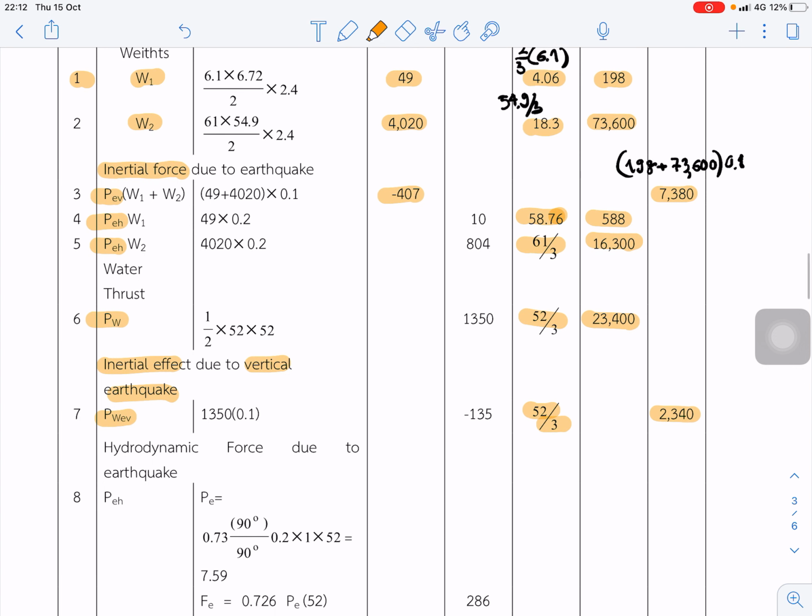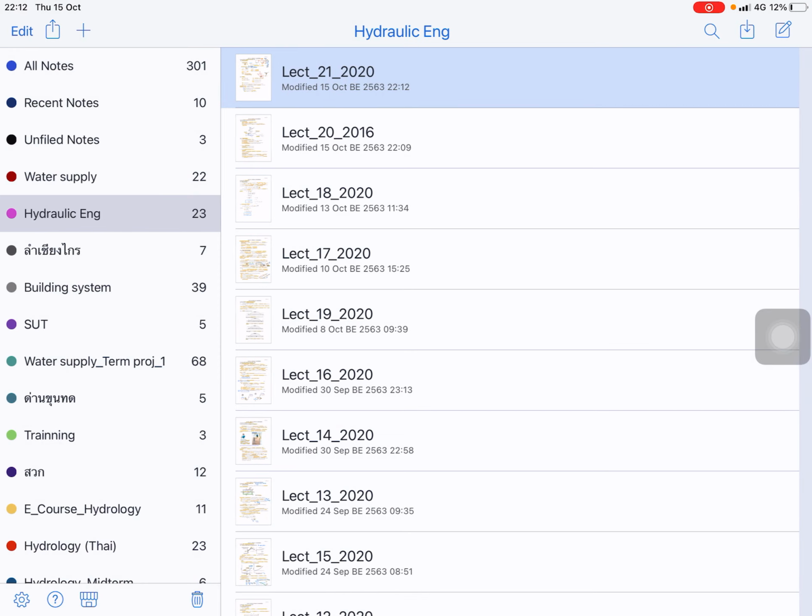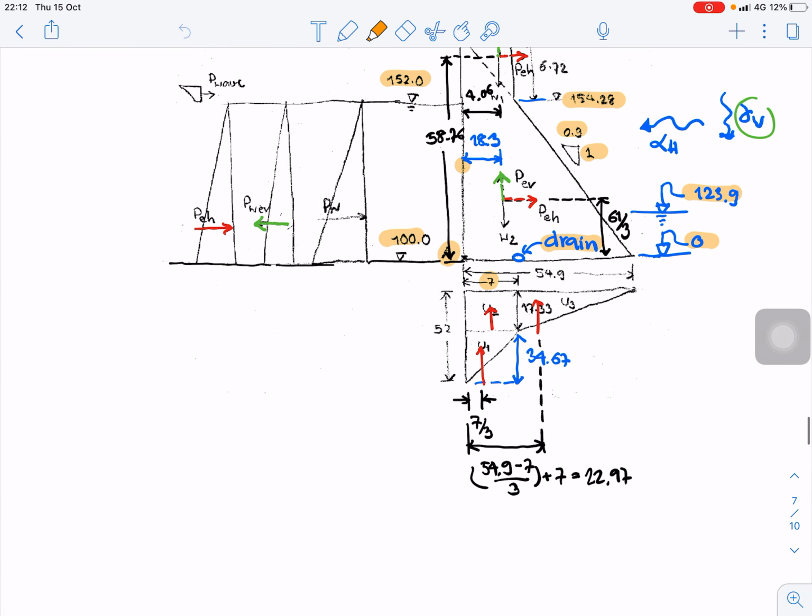You see that this one is the PWEB. If you look back at PWEB, the direction is anti-clockwise, so we got a positive moment.